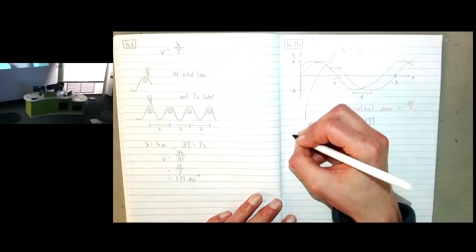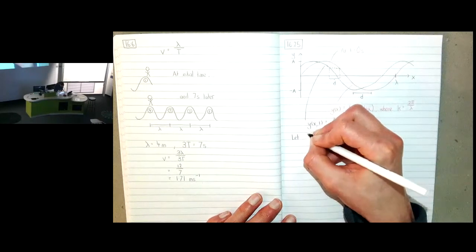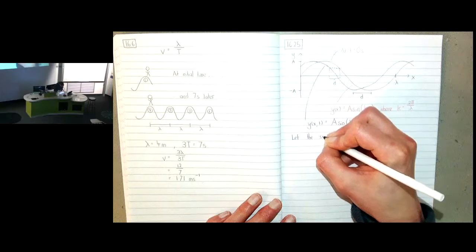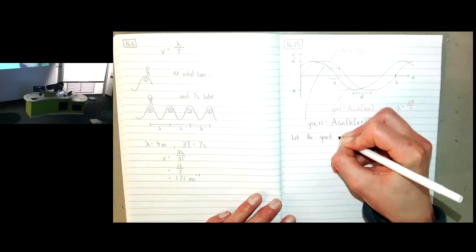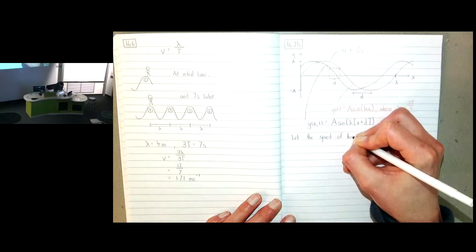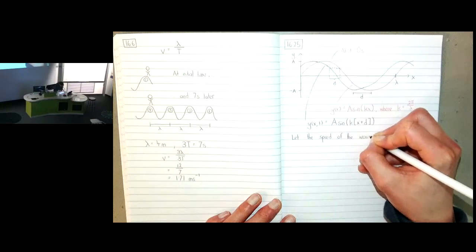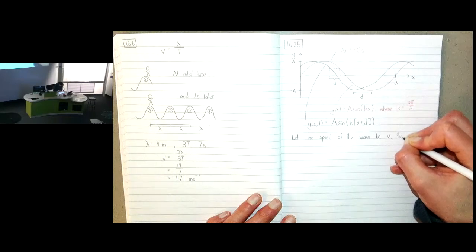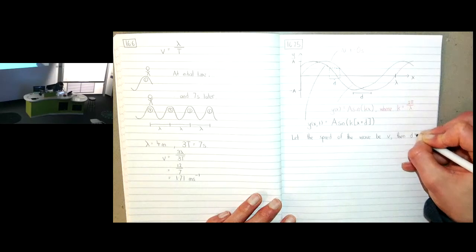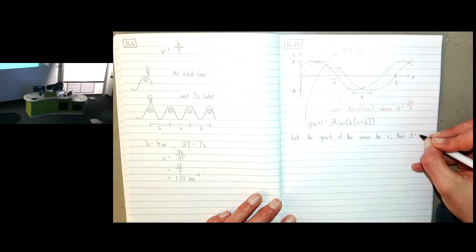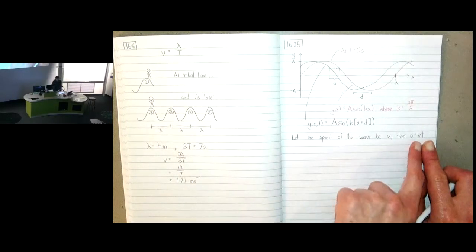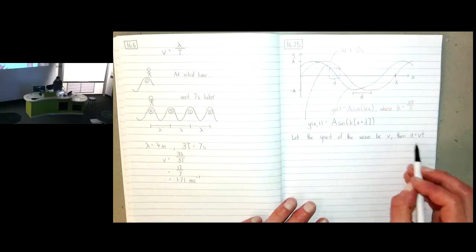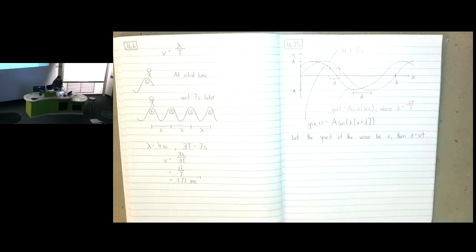But if we let the speed of the wave be v, then the distance that the wave travels is just going to be equal to that speed times time. This just comes from the speed equals distance over time formula, rearranged slightly.